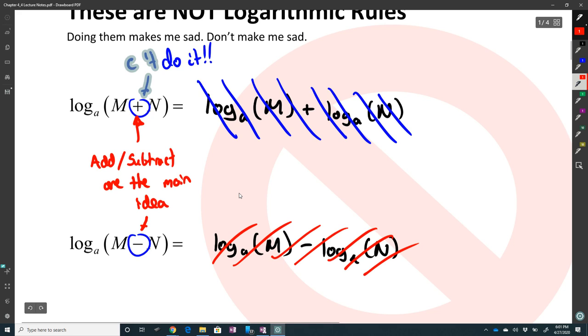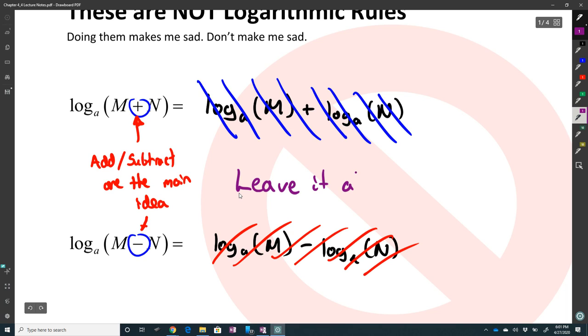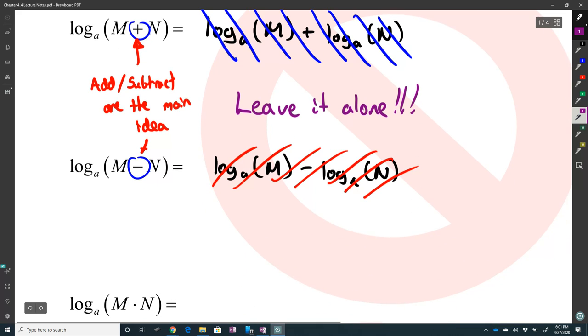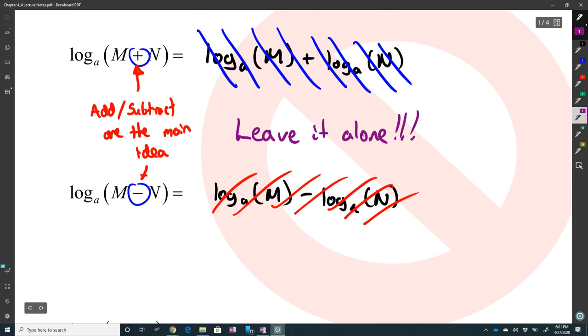You have to leave it alone. So if addition and subtraction are the main idea, walk away. You can't do anything. Well, technically there is a trick you can do, but you have to turn it into multiplication. But for now, if addition and subtraction are the main idea, just walk away.